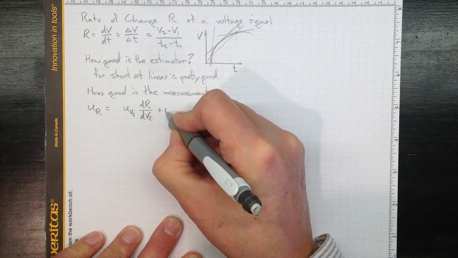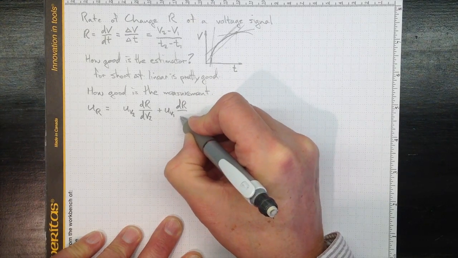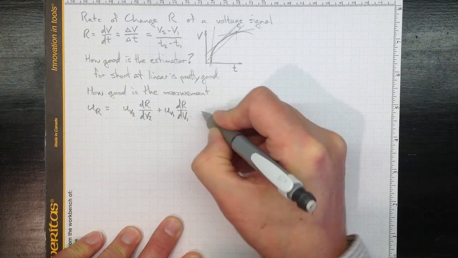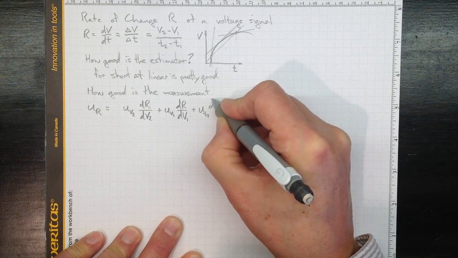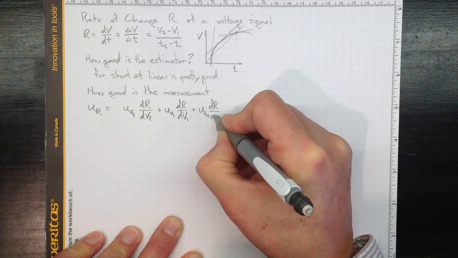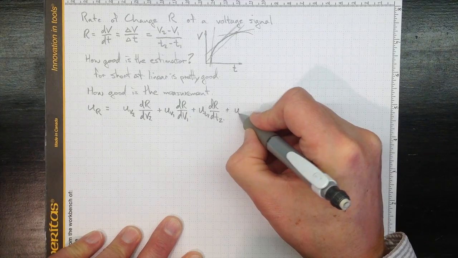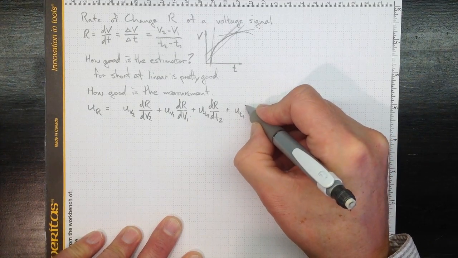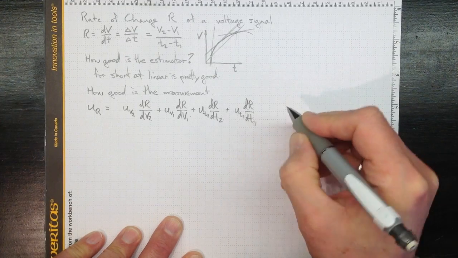Likewise, uncertainty in V1, dR/dV1. Uncertainty in T2, dR/dT2, and uncertainty in T1, dR/dT1.